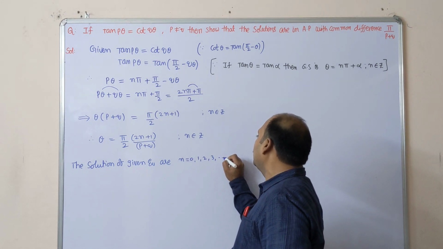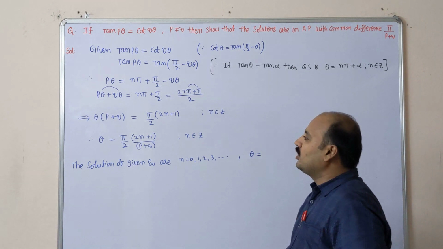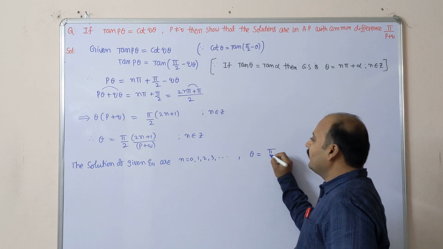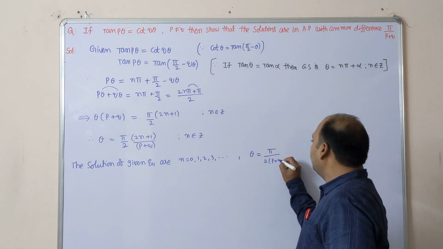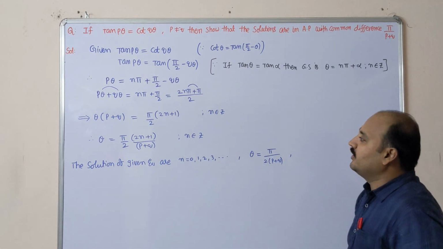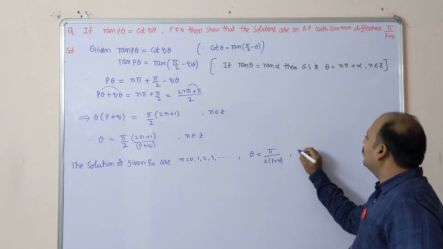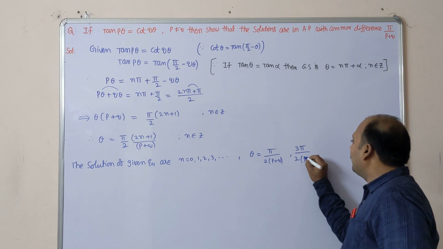If you substitute n is equal to 0, theta becomes pi by 2 into p plus q. N is equal to 1: 2 plus 1, 3, so 3 pi by 2 into p plus q.